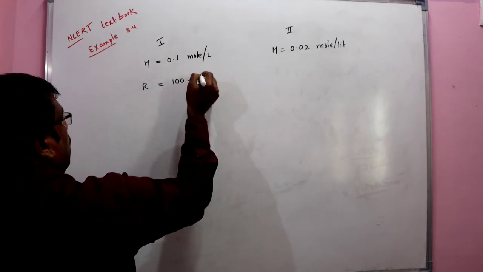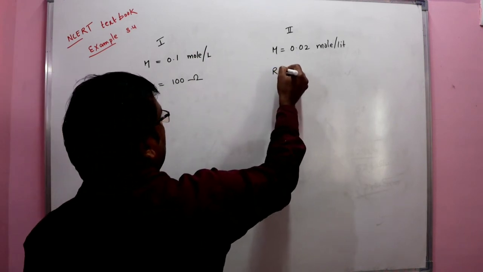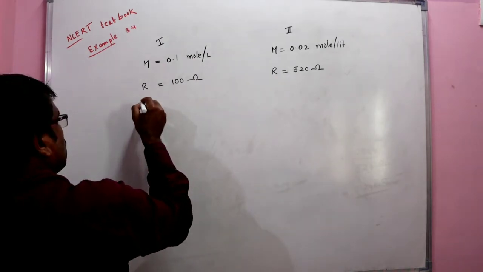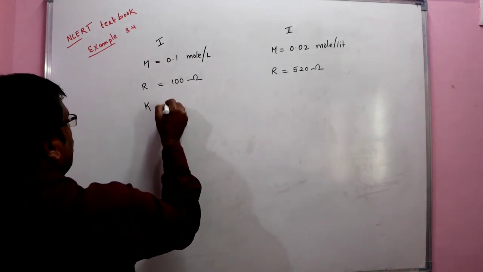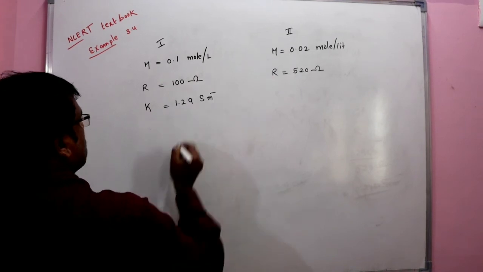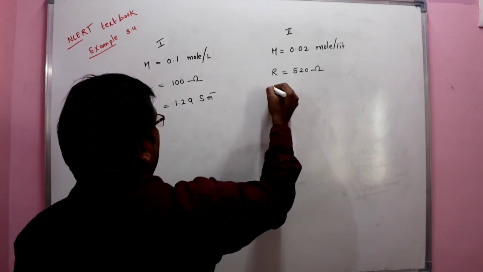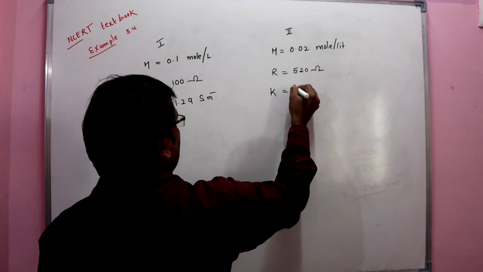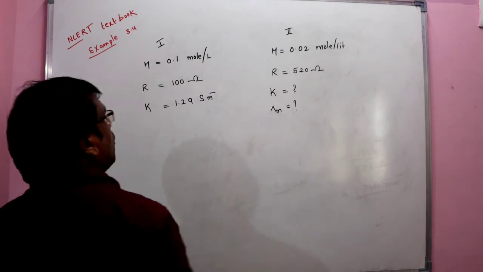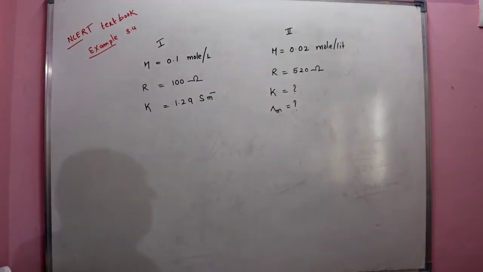In the second solution, resistance is equal to 520 ohm. Next, in the first solution, conductivity is given, 1.29 Siemens meter inverse. And in the second solution, K they are asking, and also lambda m. Then how is it possible to get K and lambda m?